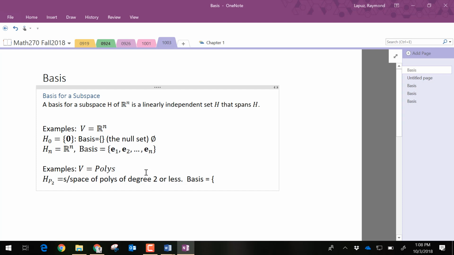What do we need to be able to create a polynomial of degree 2 or less where we would just add it and scalar multiply it, and we would cover every single one of those types of polynomials?